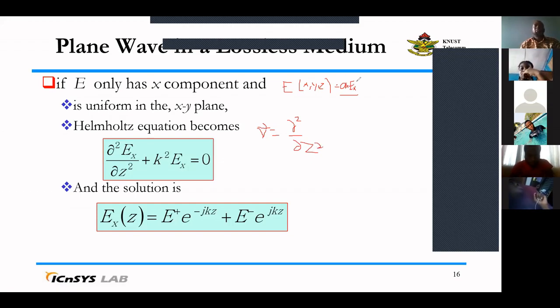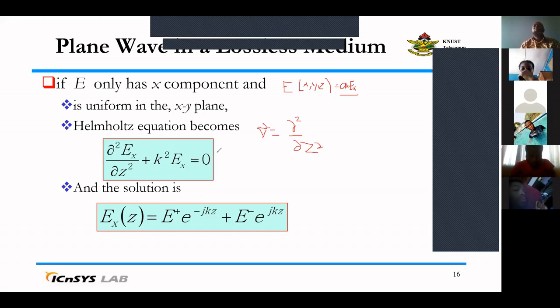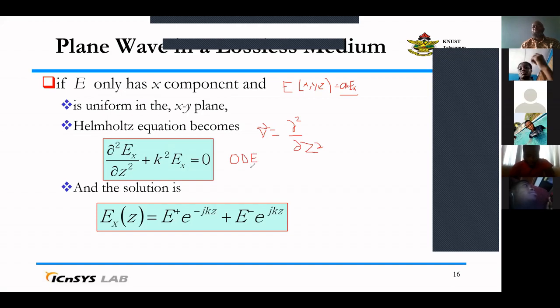So del Z squared is present and Ex is present. So you have del Z squared Ex plus k squared Ex, and this should be equal to 0. And as you can see, this is what? A second order differential equation, an ODE.